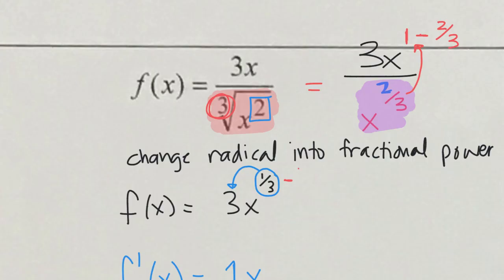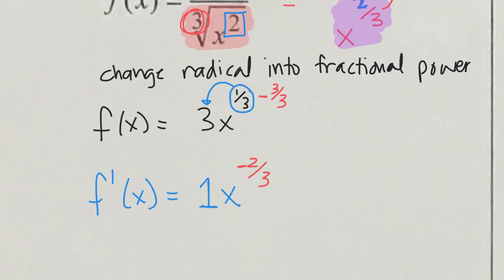So I'm going to change my 1 into a 3/3. Okay, if I have a fraction, I want to subtract another fraction from it. So what is 1/3 minus 3/3? Negative 2/3. Okay, so here's my derivative. The derivative is x to the negative 2/3 power.